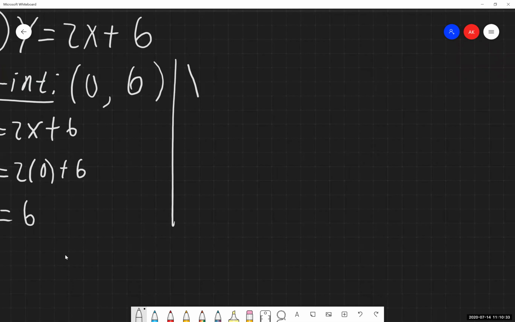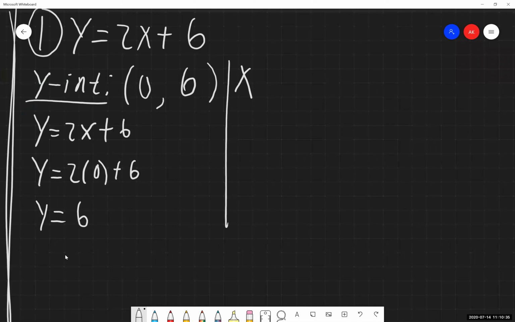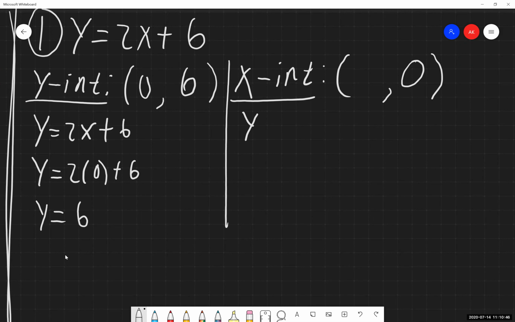Let's find our x-intercept. Again, our x-intercept has a y value of 0. So starting with our general equation, I'm plugging 0 in for y.